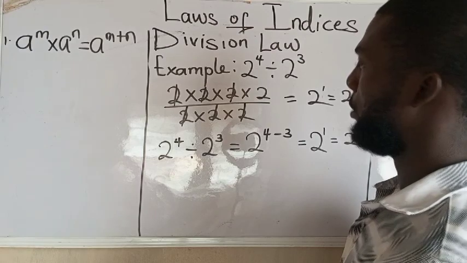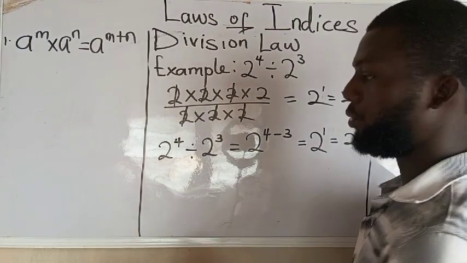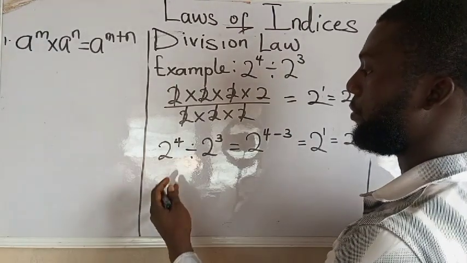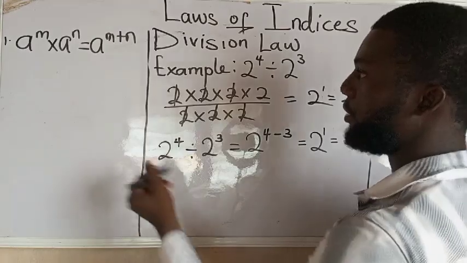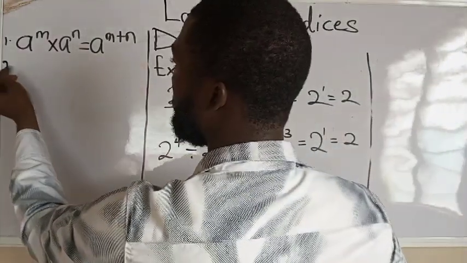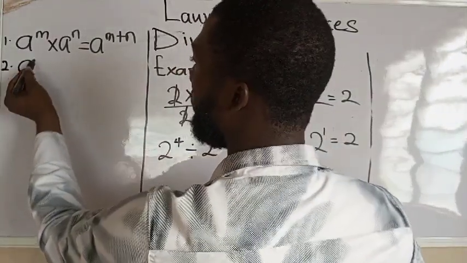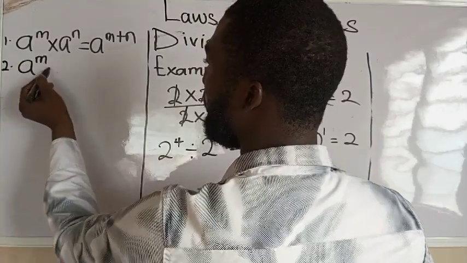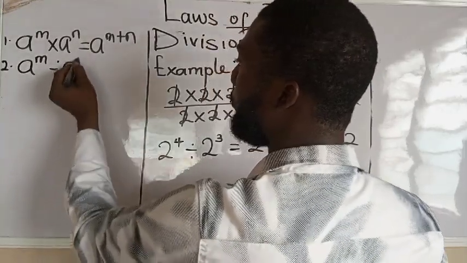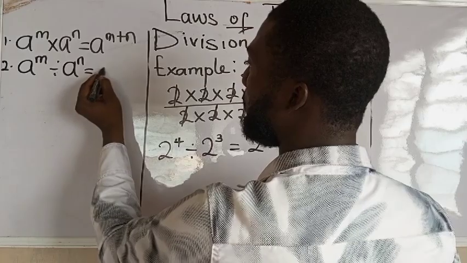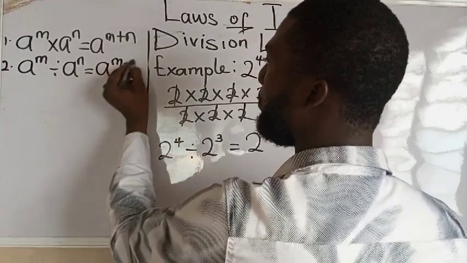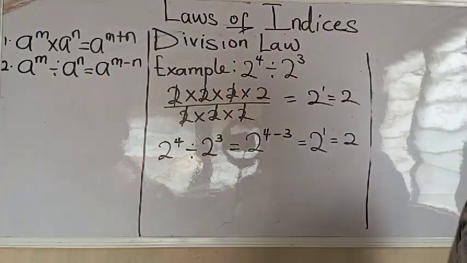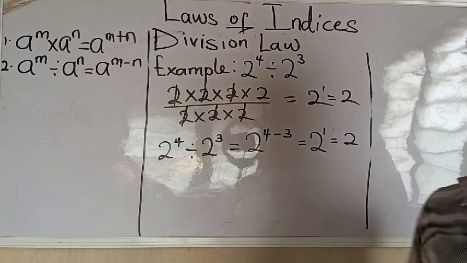So we now conclude by stating the second law, which states that a raised to power m divided by a raised to power n is the same thing as saying a raised to power m minus n.